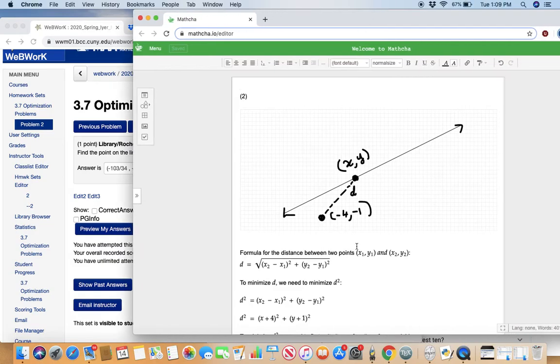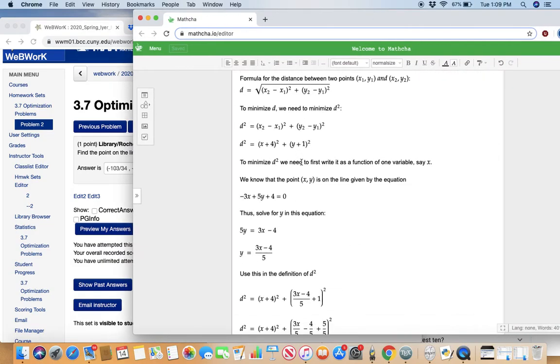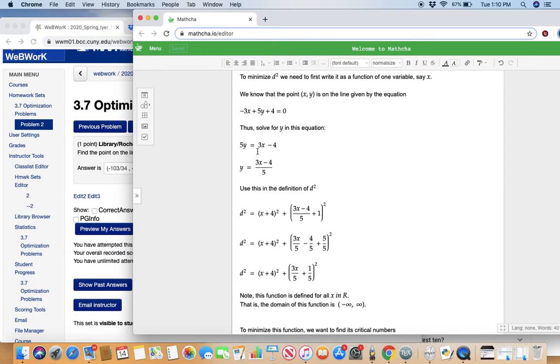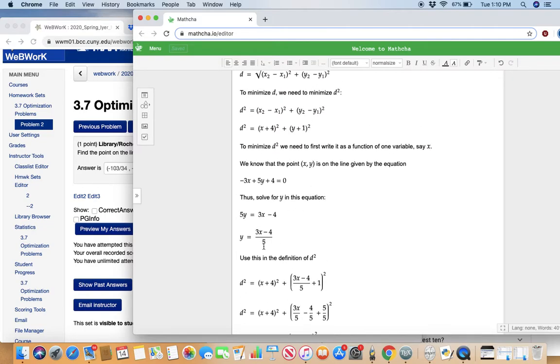Since my point is on that line, I get negative 3x plus 5y plus 4 equals 0. Okay? Solve for y. In other words, move the negative 3x to the other side. Move the positive 4 to the other side. So that is 5y equals 3x minus 4. To solve for y, divide both sides by 5. You get y equals 3x minus 4 over 5. Okay? So I will use this y in my equation.